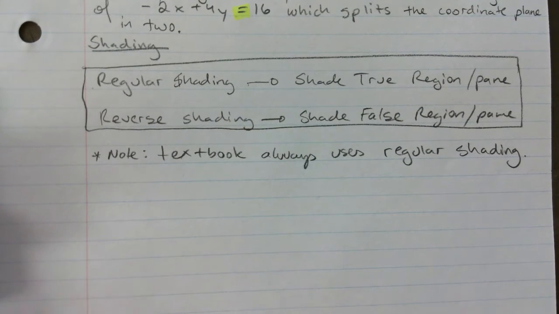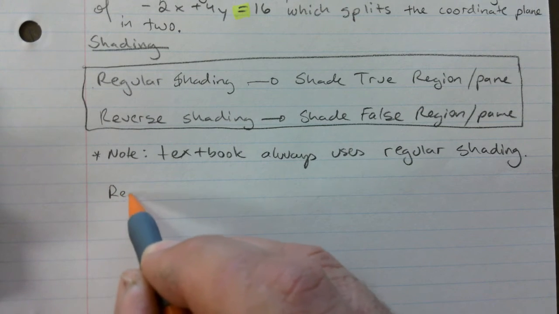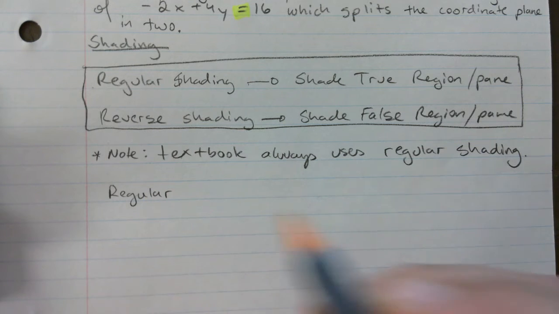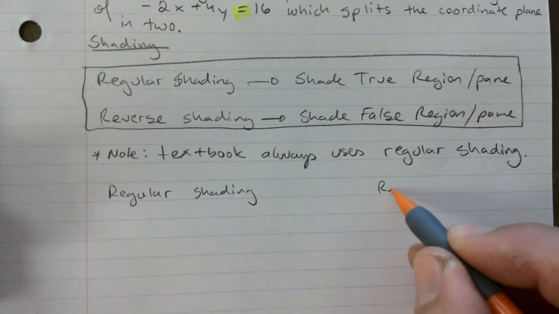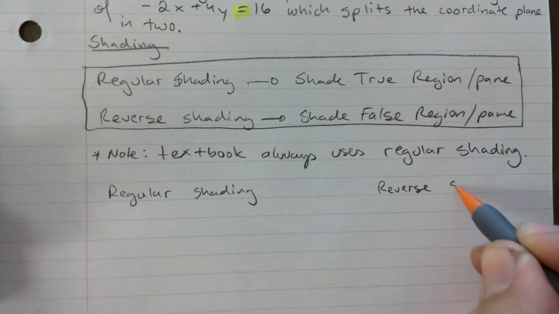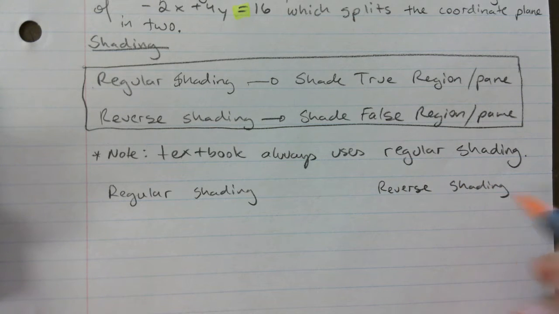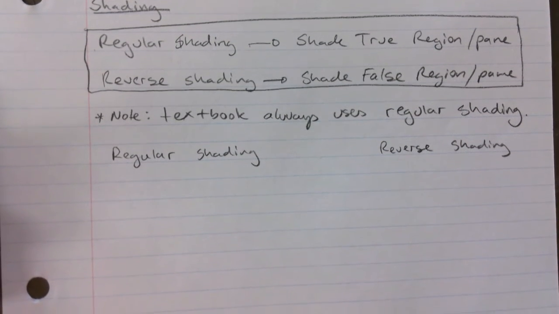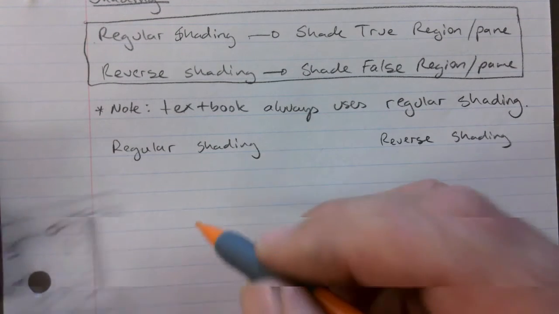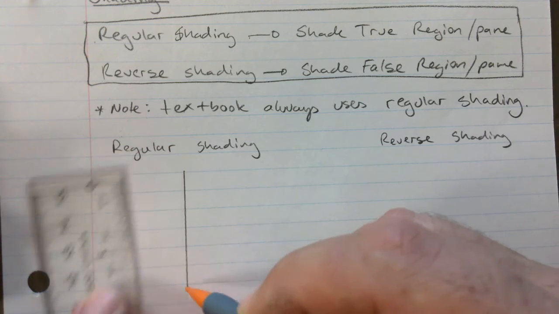So we'll do a quick little exercise, if I asked you to go regular shading versus reverse, and we're going to do the exact same graph back to back. And I don't want you to stress over how nice this graph looks, okay? That's not the point. Just have them side by side. Let's make a grid like this.